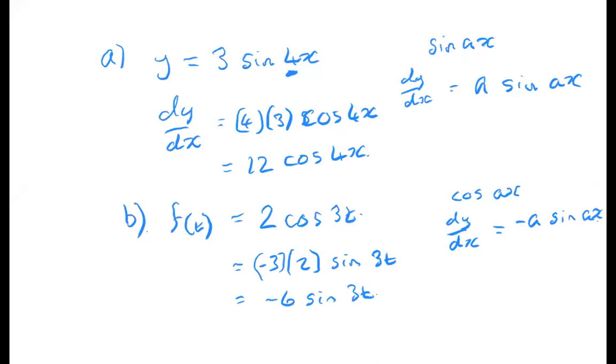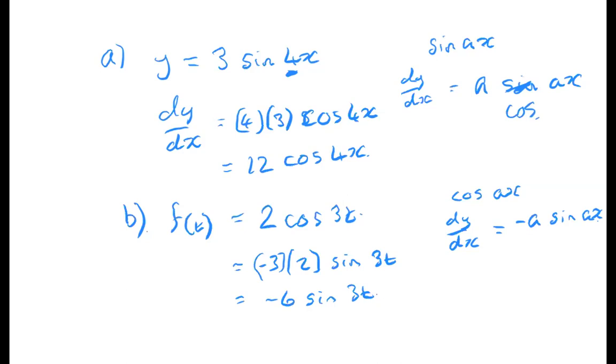If we've got a function y equal to a constant times the sine of another constant times x, we're looking at this entry in the table for sine ax. So dy by dx equals a, the a comes outside, then cos ax. That should be cos ax there. Taking this one, the 4 comes outside and multiplies with the 3.